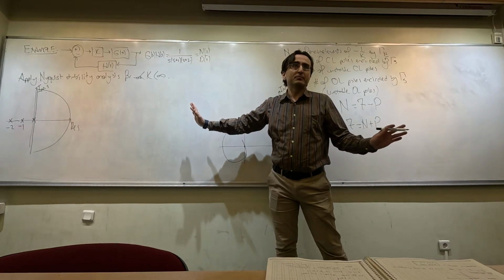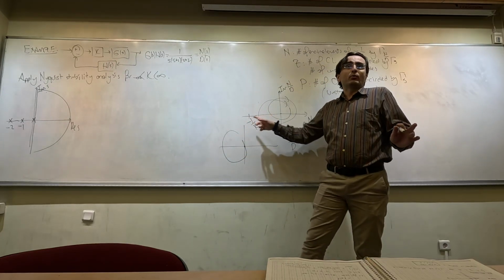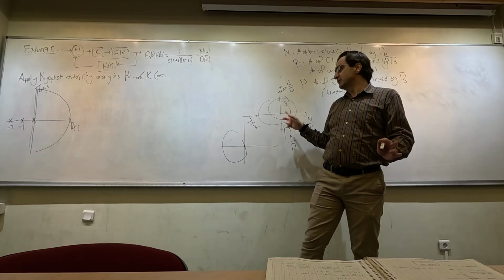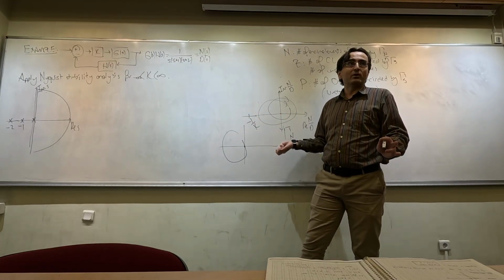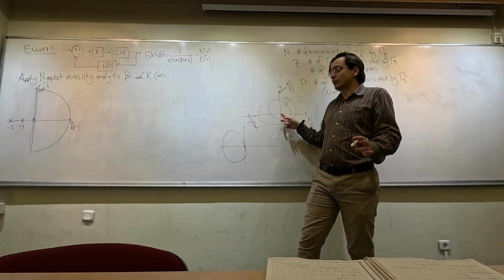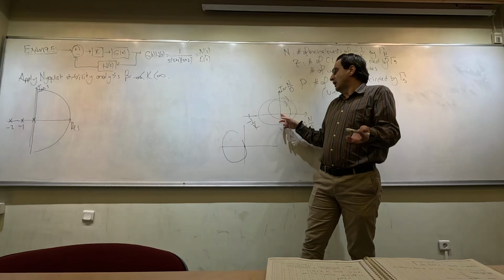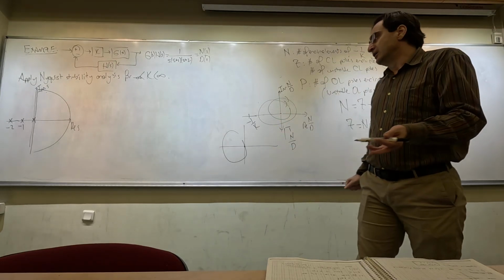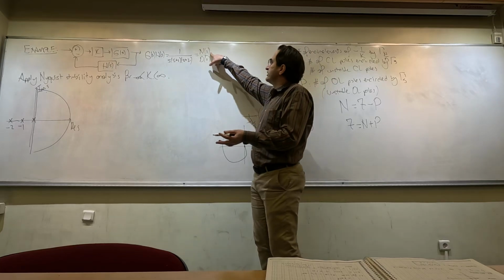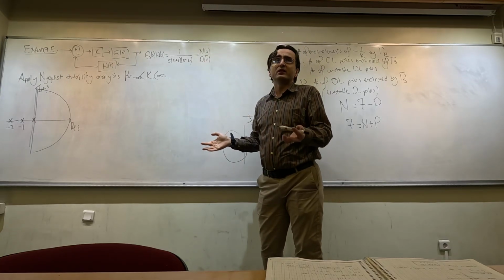It won't cause me any problem because I will be wondering about the encirclements of points other than 0. And when is minus 1 over k equal to 0? When k is infinite. So only for k going to infinity, which I won't usually care about, I would be interested in the encirclements of the point 0. That is why a 0 of the transfer function here will not cause us any problem.